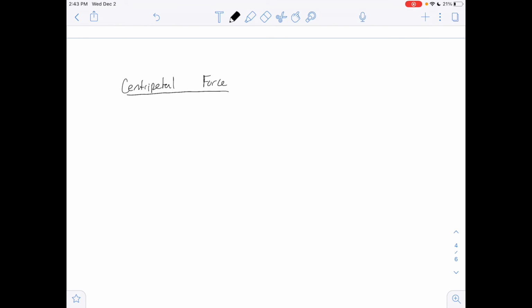So centripetal force, we label that F sub c, is equal to the mass of the object times the centripetal acceleration, and we just found that that is equal to mass times v squared over r.